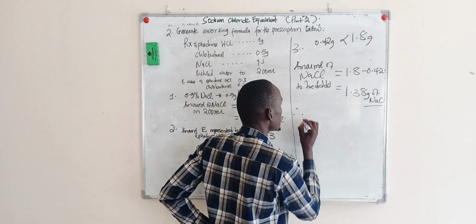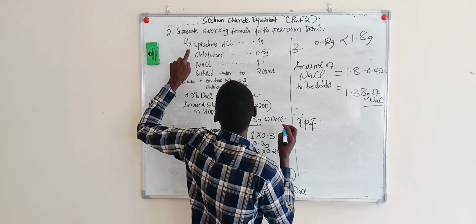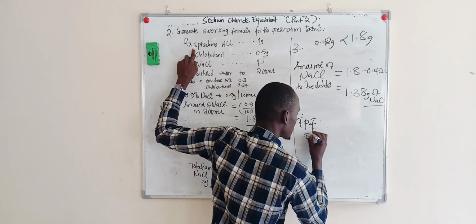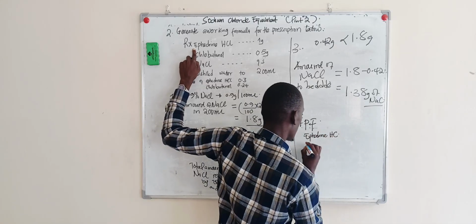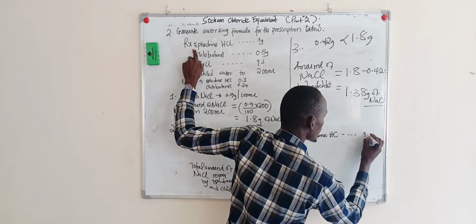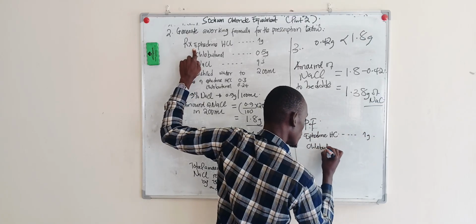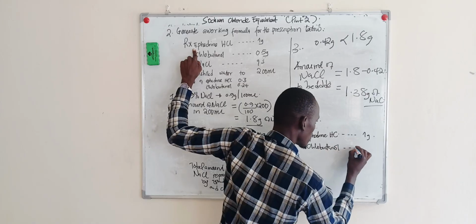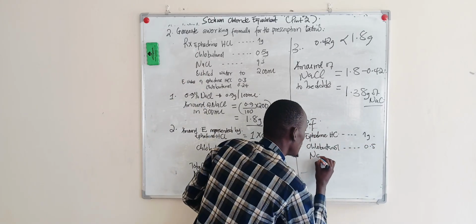So, therefore, our final product formula in this case will be ephedrine hydrochloride, which is 1 gram, chlorbutanol, which is 0.5, then sodium chloride.